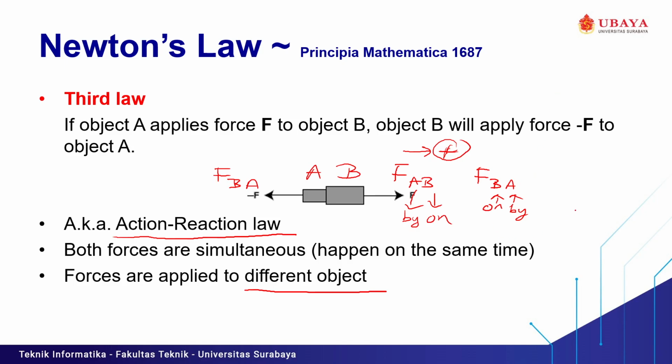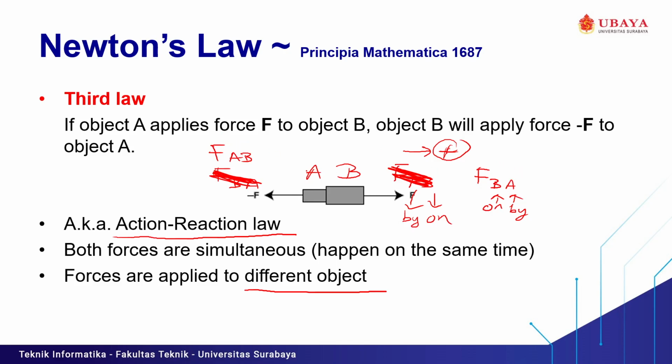If we have two objects, then we denote this force as FBA, force on B by A. That means this one is no longer FBA, this one is FAB. We won't use the first notation; we will use the notation of on what object, by whom.